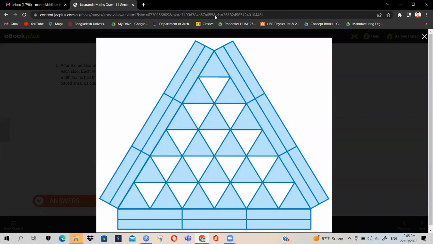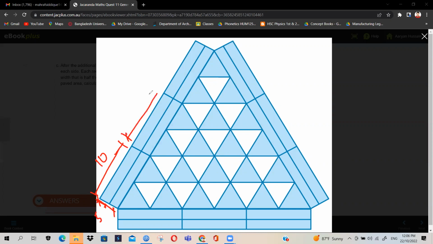Okay. So see, this would be 10, right? This is 10. And these little ones would be 2.5. And the total would be 5.